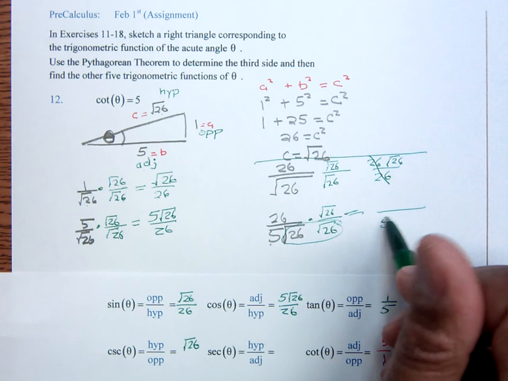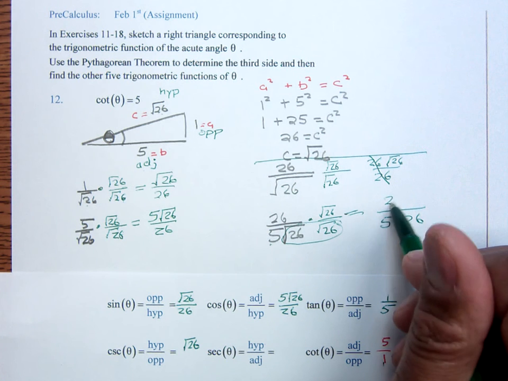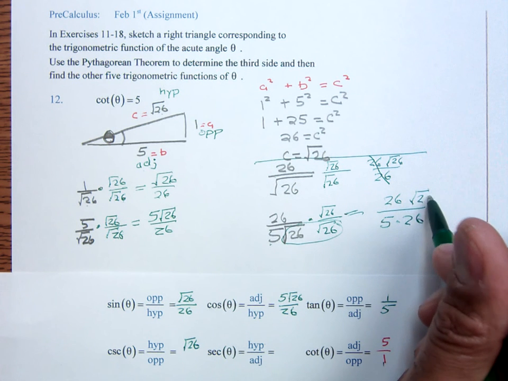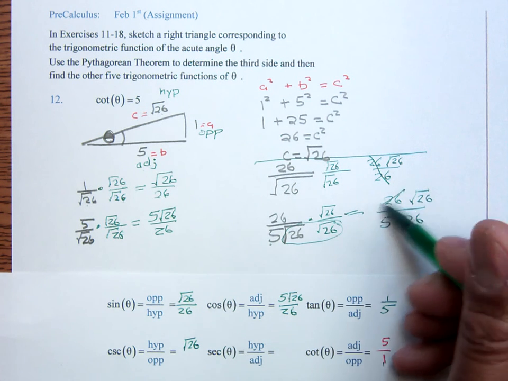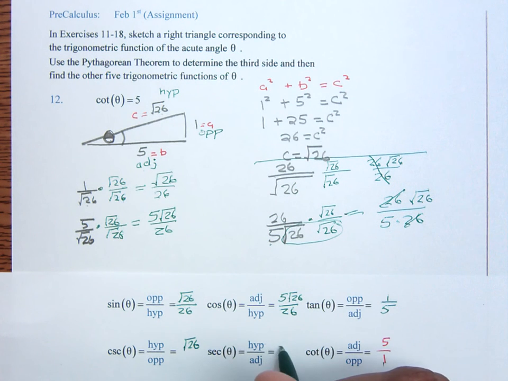So 5 times 26, and in the numerator we'll get 26 times radical 26. We can simplify these. So we'll get radical 26 over 5. We're allowed to have the radical in our numerator, just not in our denominator. Radical 26 over 5. So those are the other 5 and the original one they gave to us.